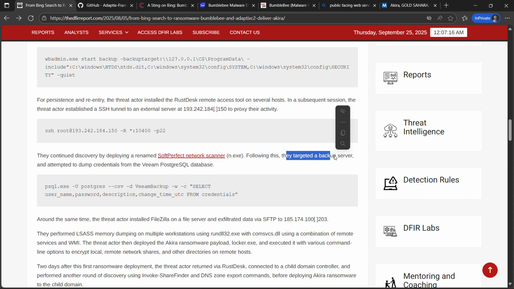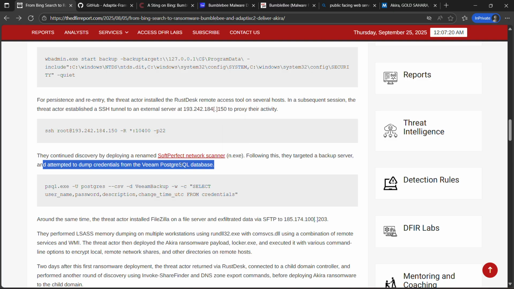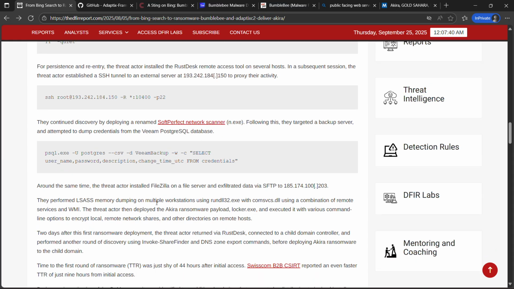And then they targeted a backup server and attempted to dump credentials from the Veeam PostgreSQL database. So I searched for this, and PostgreSQL is basically a database management software. It manages the database for you.